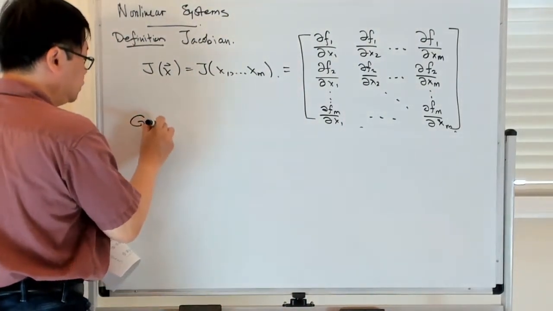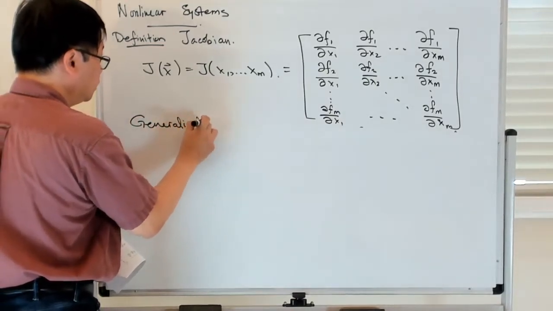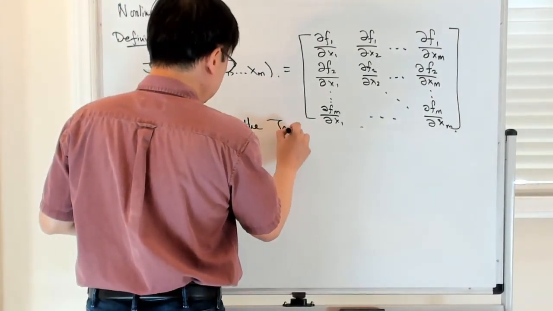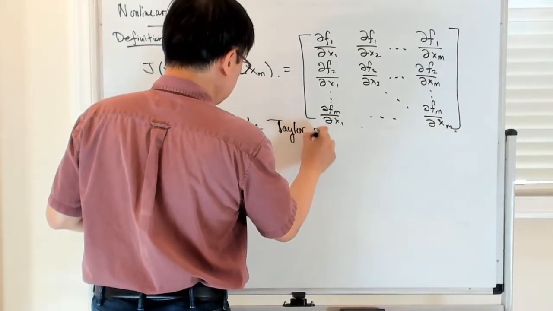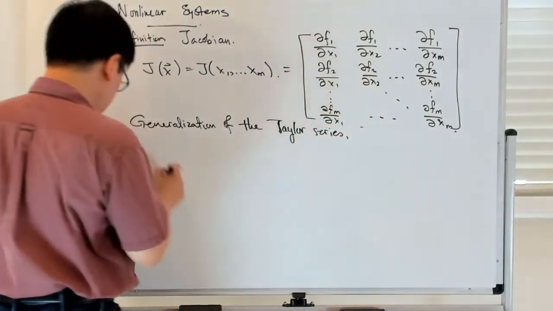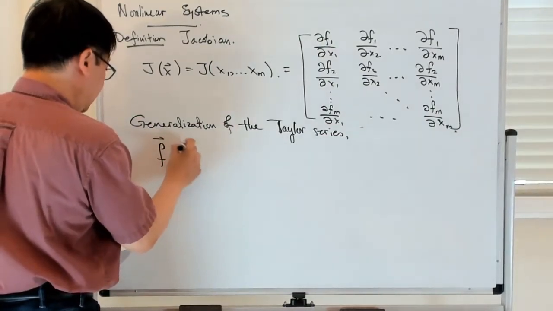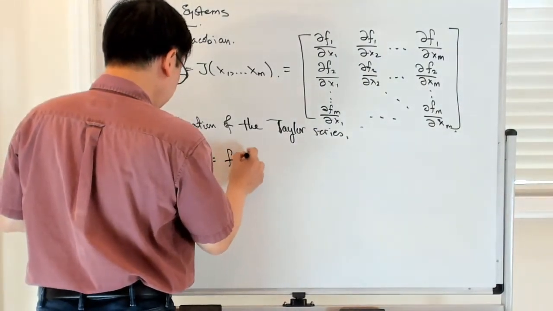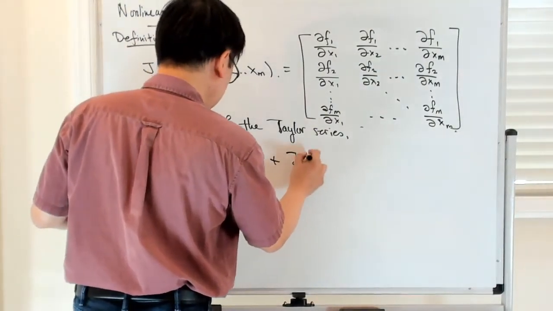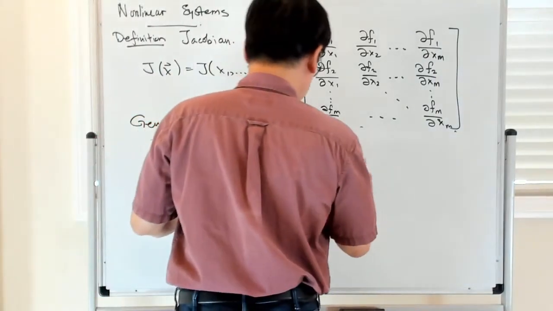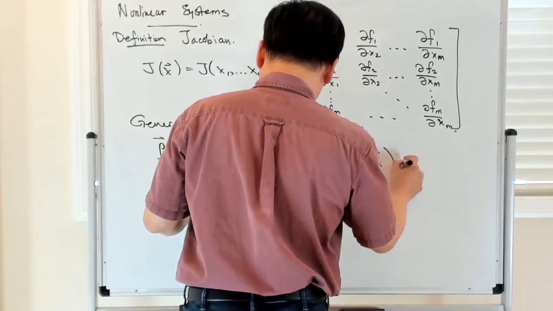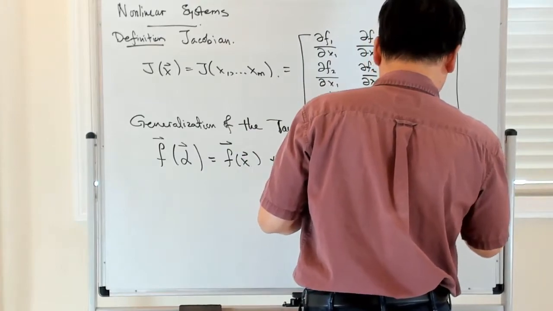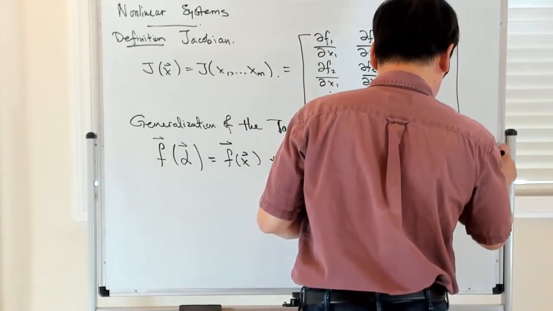Of the Taylor series: f at this vector alpha is equal to f at x plus the Jacobian at x times alpha minus x plus something which is big O of alpha minus x squared.